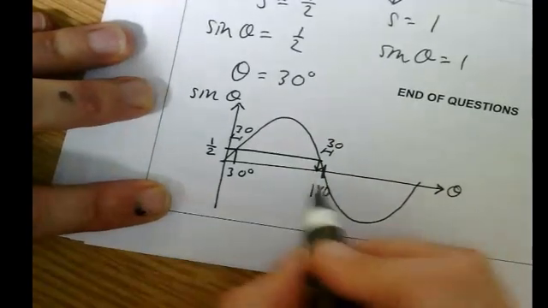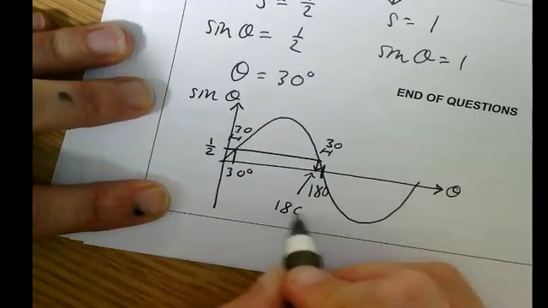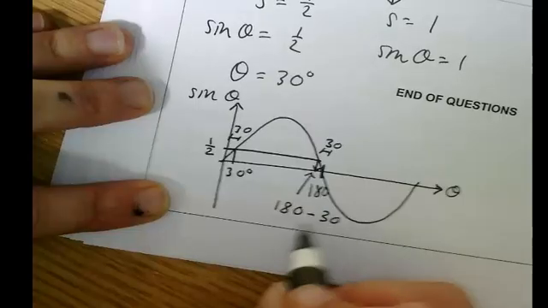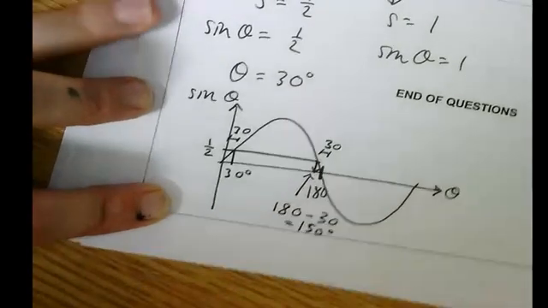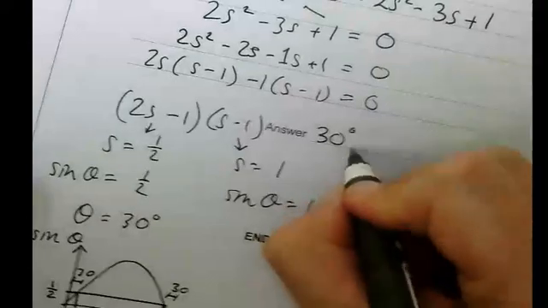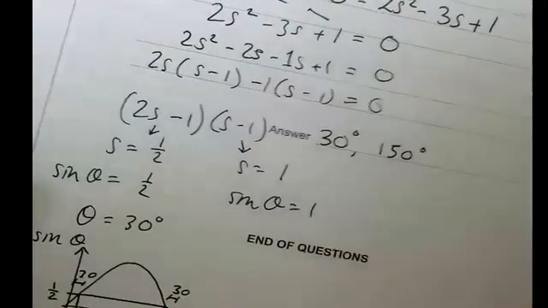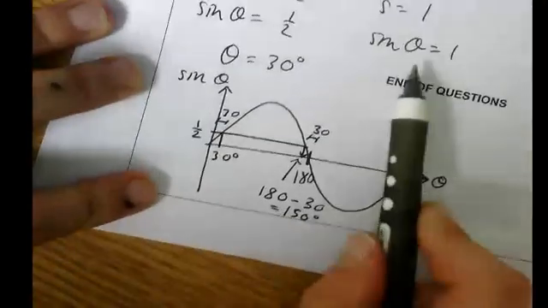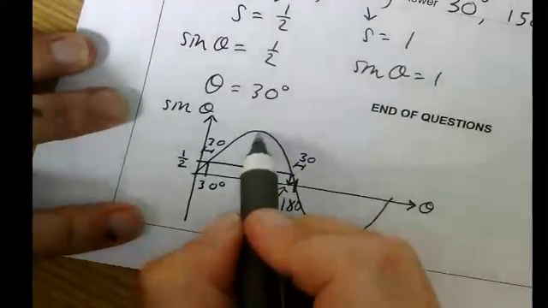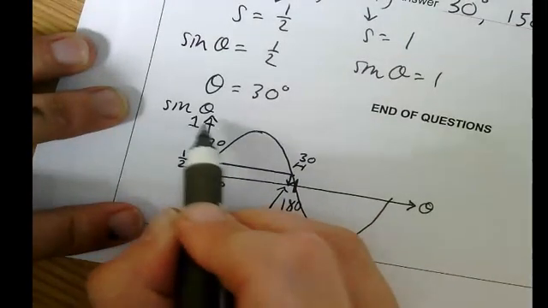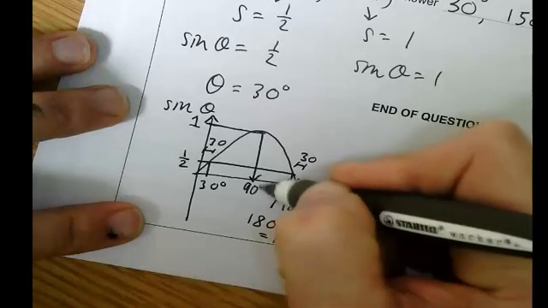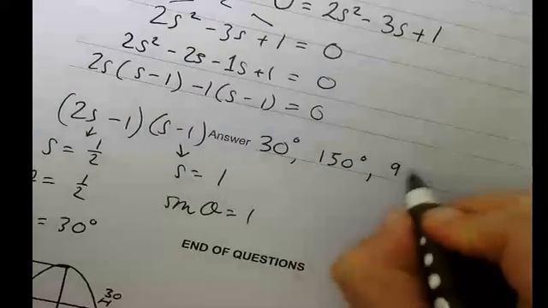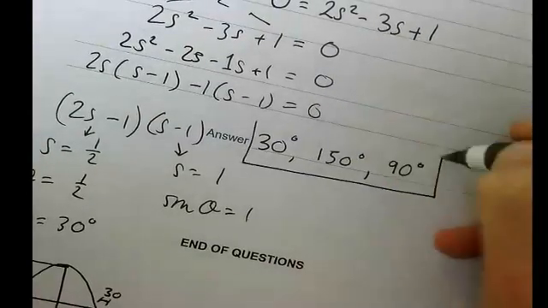So to work out this value, I need to do 180 subtract 30, which gives me 150 degrees. So I'm going to have 30 degrees, 150 degrees, and then sine theta equals 1. Well, 1 is up here, so I'm just going to use my graph. When sine theta is 1, I'm here, which is 90 degrees. And 90 degrees, my final answer.